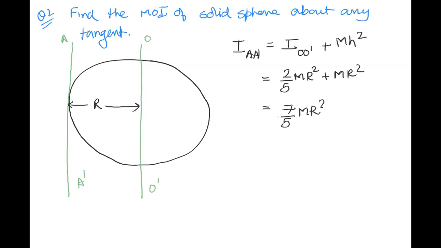So in one step, I am getting the moment of inertia about the rim of a sphere, solid sphere, about the tangent of a solid sphere. Whereas through integration, it would have been endless calculations that I would have had to do to find the moment of inertia.